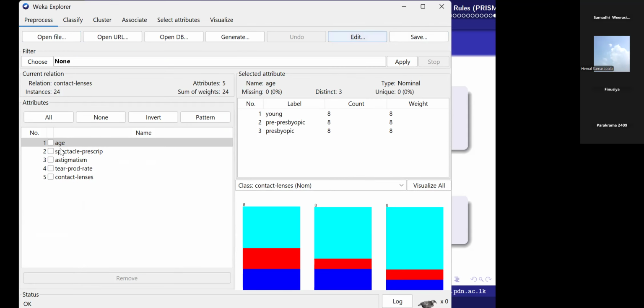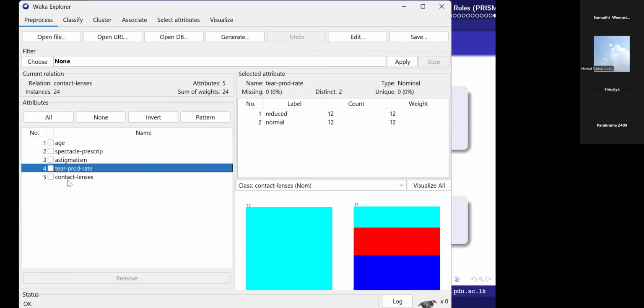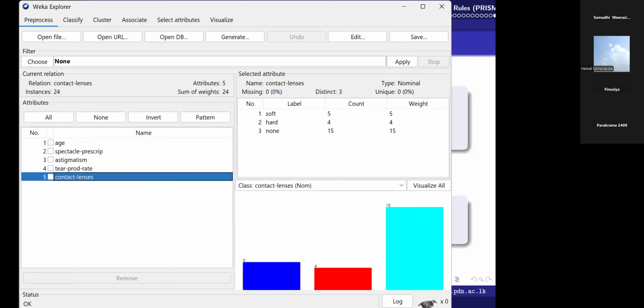If you go with each attribute, you will see the separation. But if you go to the last one, that is the class attribute, you can notice that there are 5 soft, 4 hard, and 15 none. These are the classes.